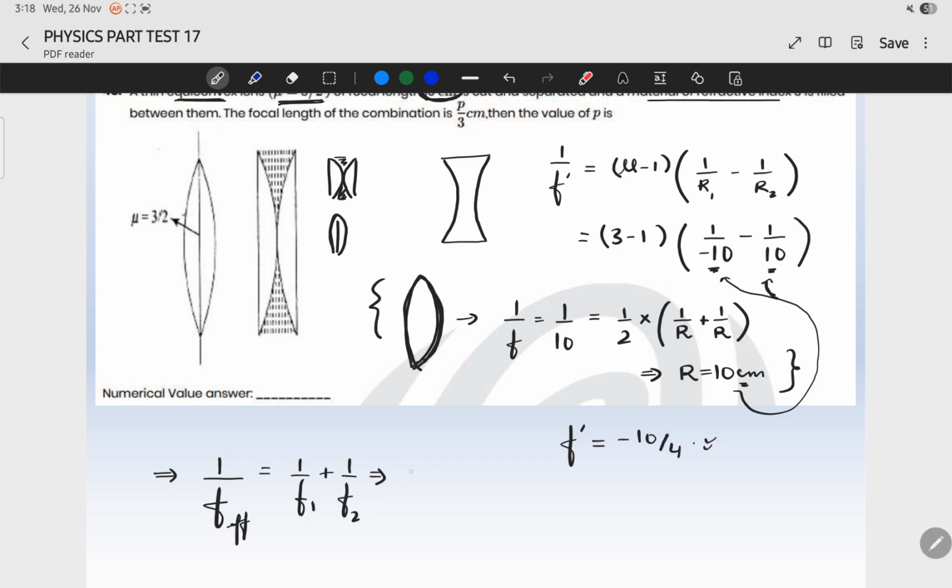Implies that 1 by 10 minus 4 by 10, which is minus 3 by 10, implies that f effective is equal to minus 10 by 3. So implies that p value is given to be 10.